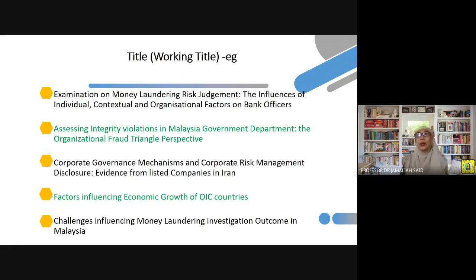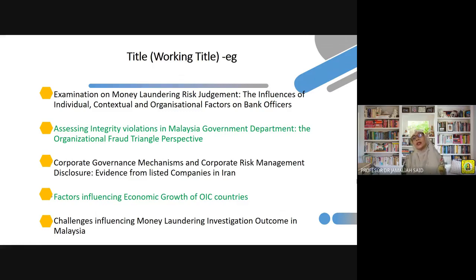So in a way, the student shortened the title instead of saying that they are assessing control, culture, and leadership on integrity violation in Malaysia. He hides the three factors and says the organizational fraud triangle perspective. So in this title it is very clear: there is cause, there is effect, there is sample.